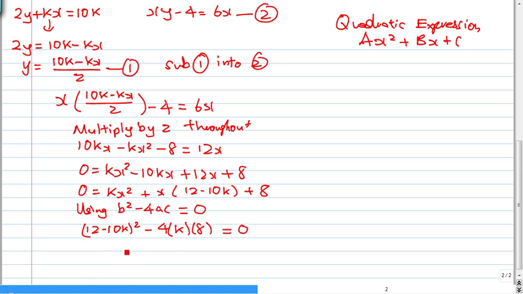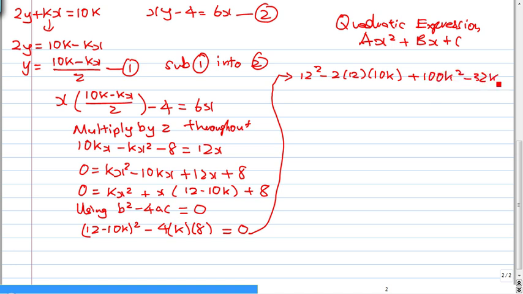Expand this. Okay, what you get, let me just, not enough space here. What I get is 12 squared minus 2 times 12 times 10k plus 100k squared minus 32k equals 0.